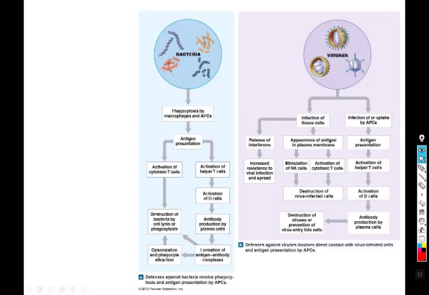So one thing I do want to close on is the difference in infectivity and the response between bacteria and viruses. So bacteria, because they're large-ish, they need to first be eaten and then digested.